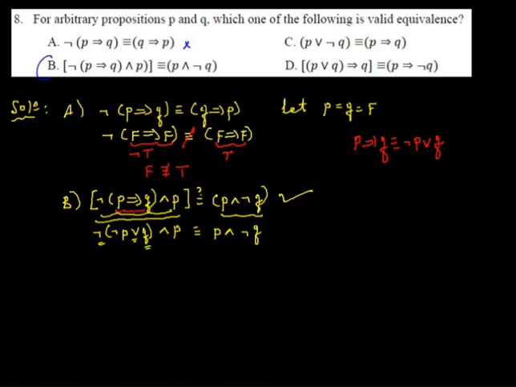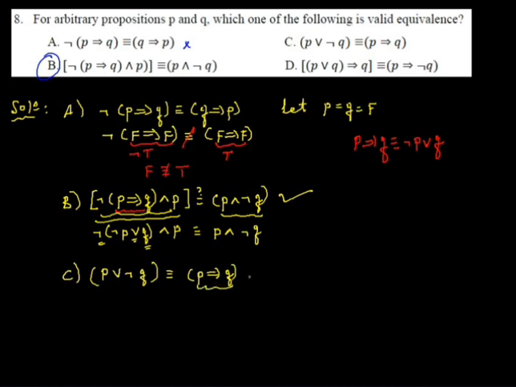They are the same. So let's check the C and D case. In C, we do have P or negation of Q is equivalent to P implies Q. Let's check this one.